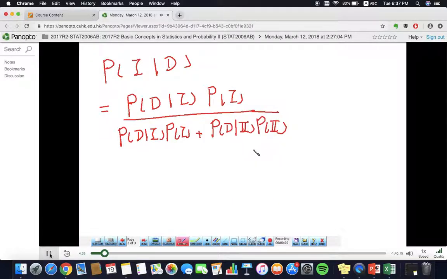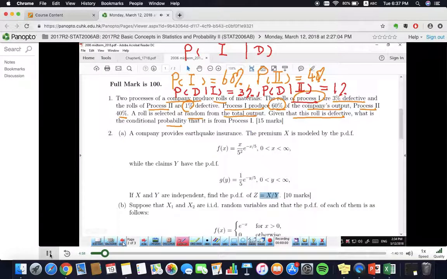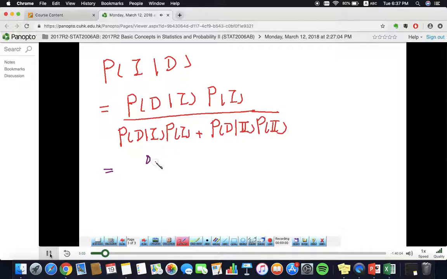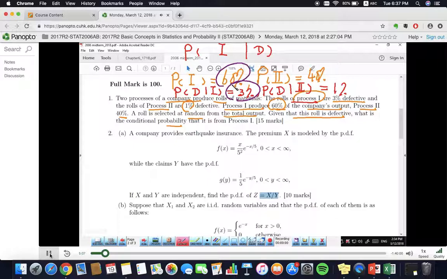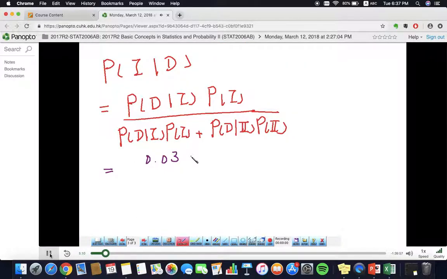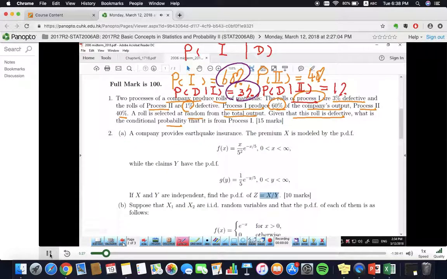So here we've got D given 1, which is 3%, so 0.03. Together with the proportion P(1), which is 60%, so 0.6. And for the other term, we just copy it: 0.4 for P(2), together with 1% for D given 2, so 0.01.